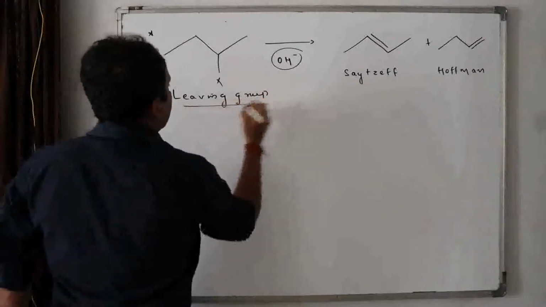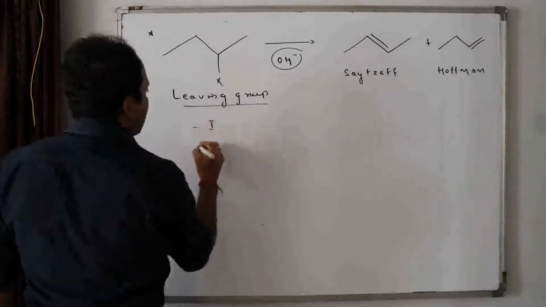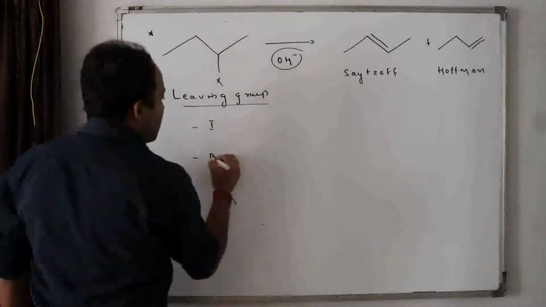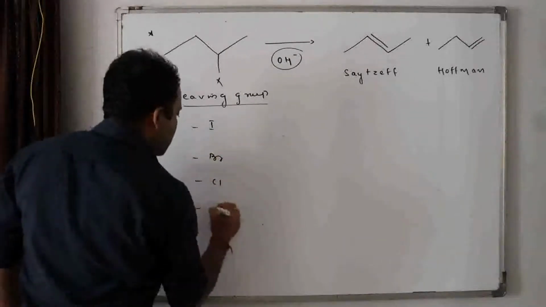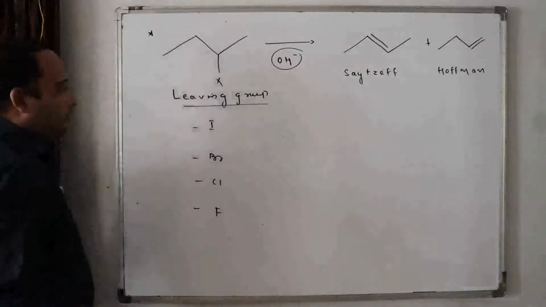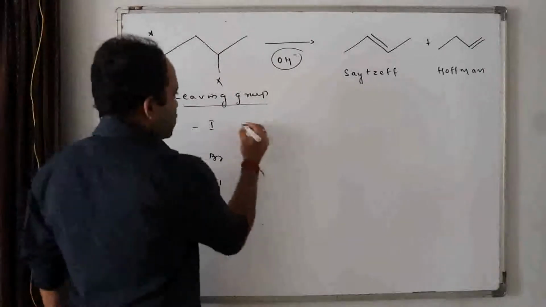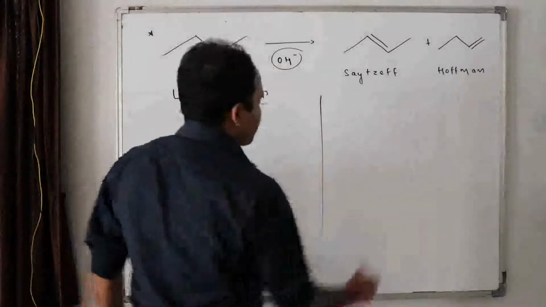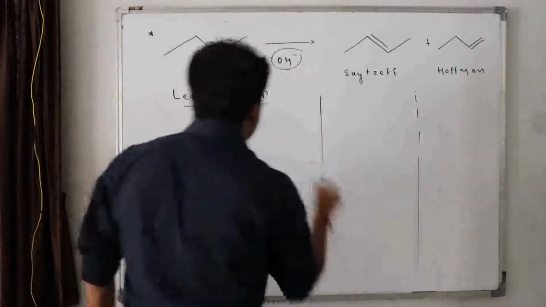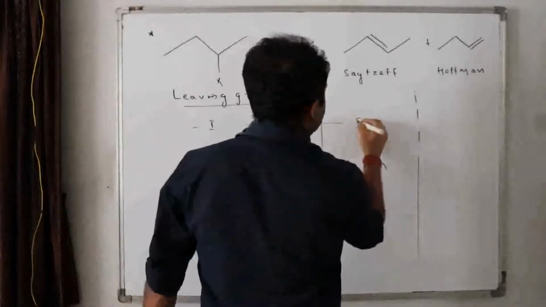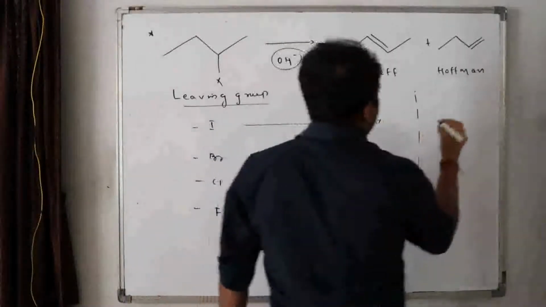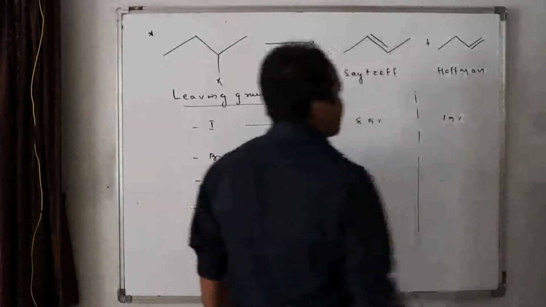A leaving group can be a good leaving group like I, Br, Cl, F. If it is I, a strong leaving group, then Zaitsev's product is 85% and Hofmann is 15%.